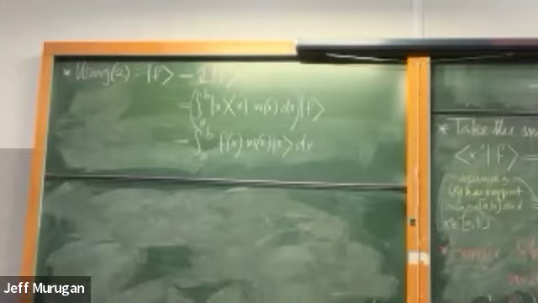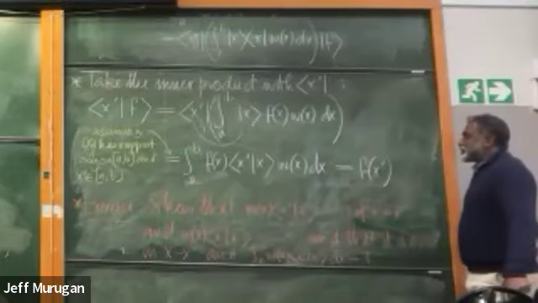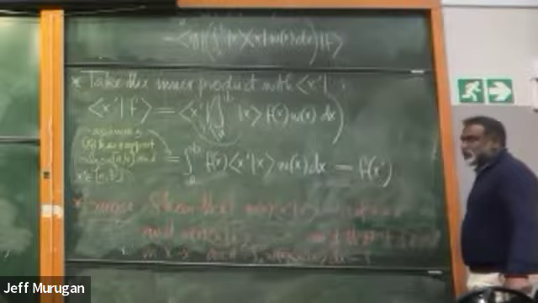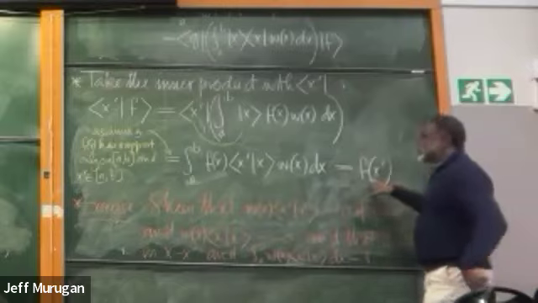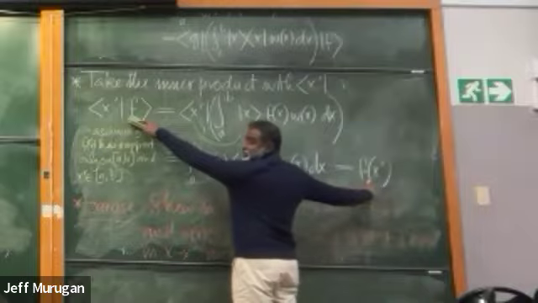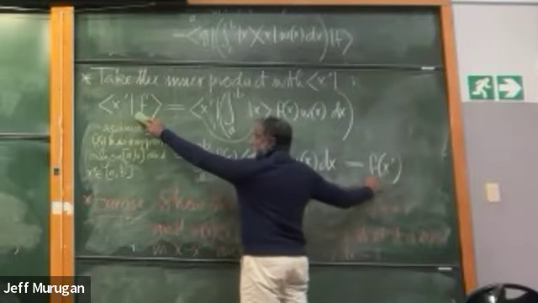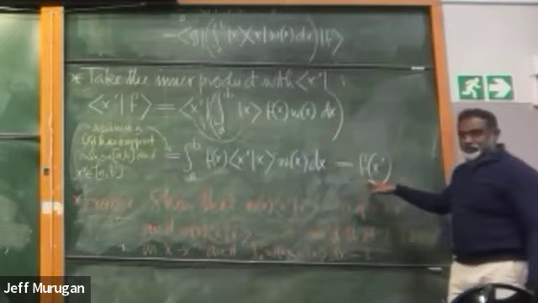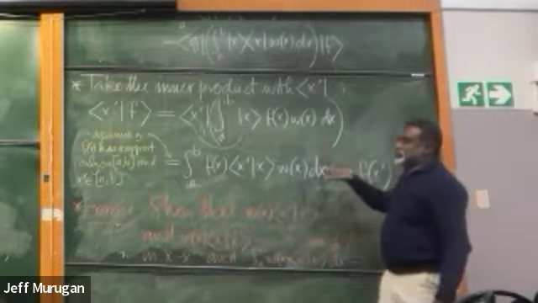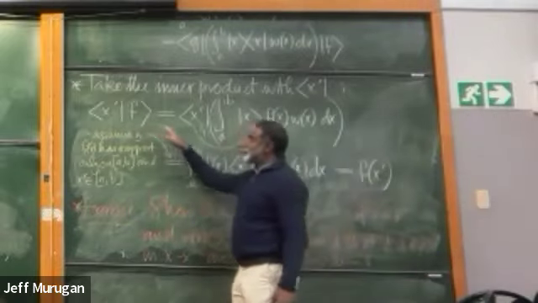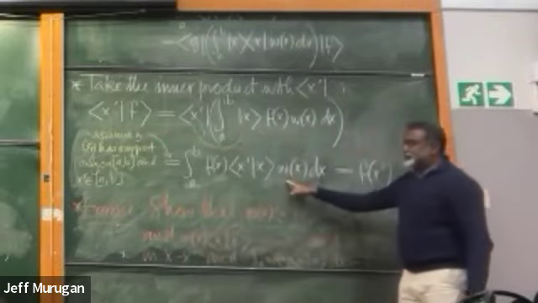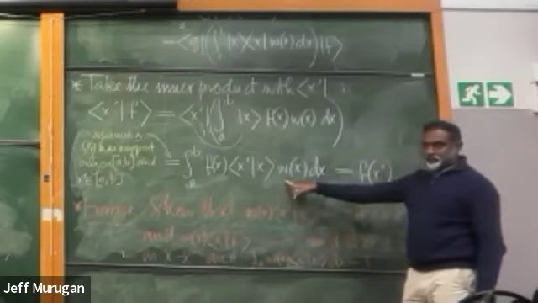By the definition of what F of X was, here's my definition of what F of X was, the projection of F onto X. But I have an expression for F in terms of this integral.